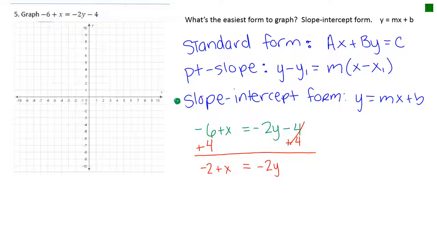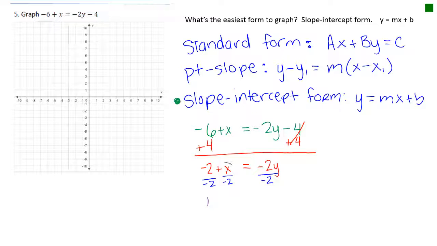In order to get the y by itself now, we need to get rid of that multiplying by negative 2 and divide both sides by negative 2. Now when we divide our left-hand side, we have to divide every term by negative 2. So on the left-hand side, negative 2 divided by negative 2 leaves us with positive 1.